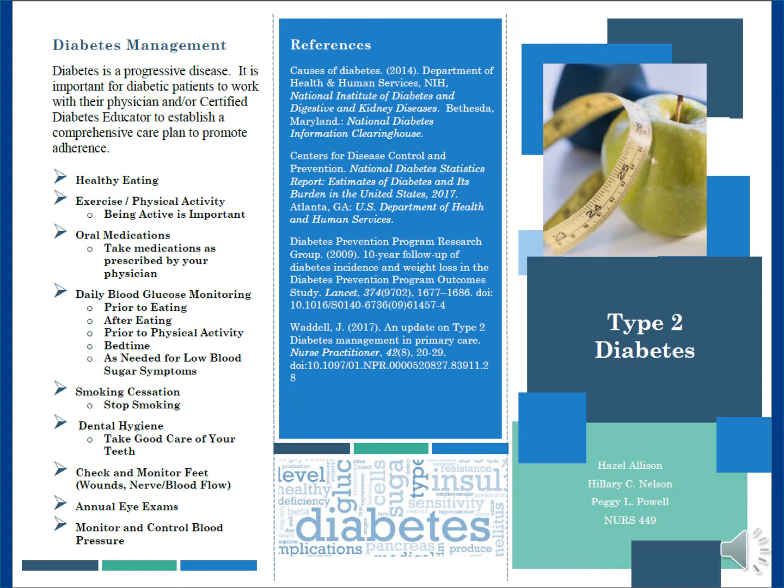Have annual eye exams, and check and control the blood pressure. These are all affecting your diabetes, your health. Make sure that these are all taken care of if you have diabetes type 2.